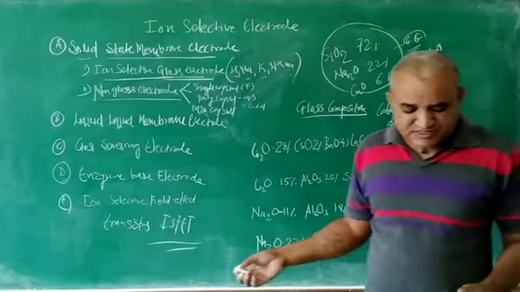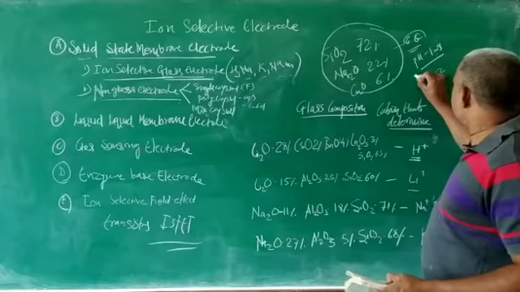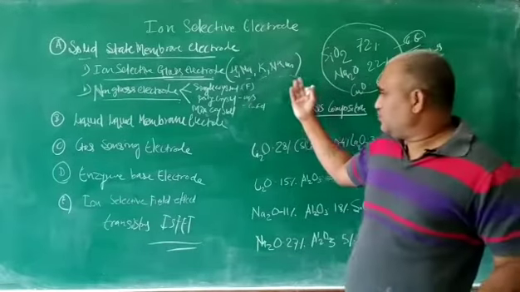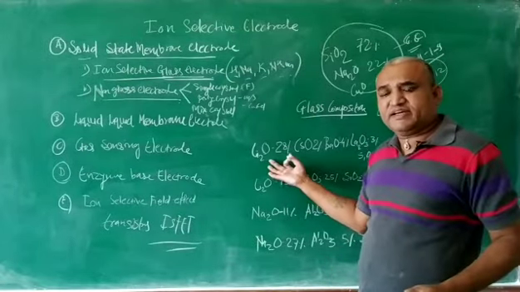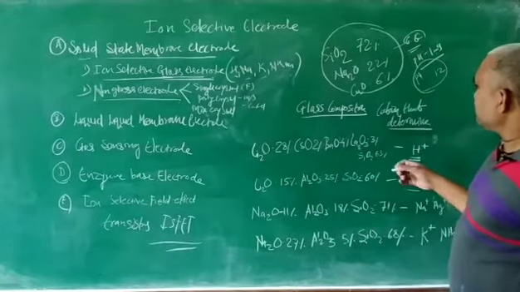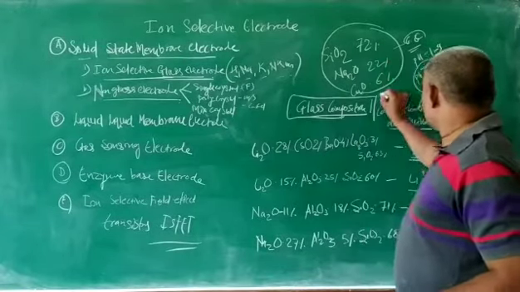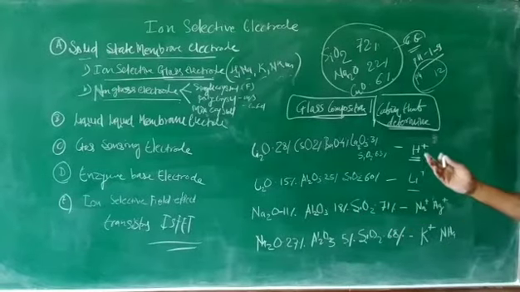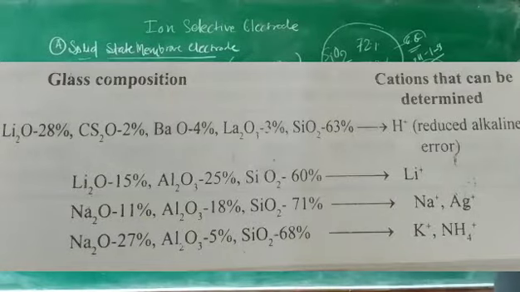So for measuring pH 12, we found error in the general composition. So we add lithium for the detection of hydronium ion, to avoid the error in measuring the pH.